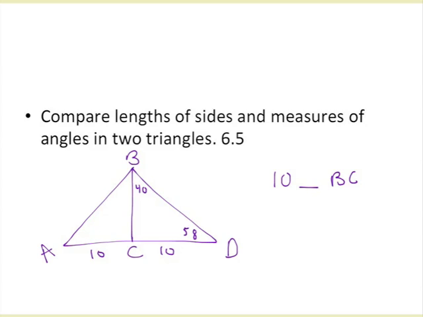Because 10 is across from 40 and BC is across from 58 in one triangle. So that first question is actually like the last problems, and we only need to look at one triangle here. Across from the 40 is a 10, across from the 58 is BC. A bigger angle should make a bigger side, so BC should be bigger.